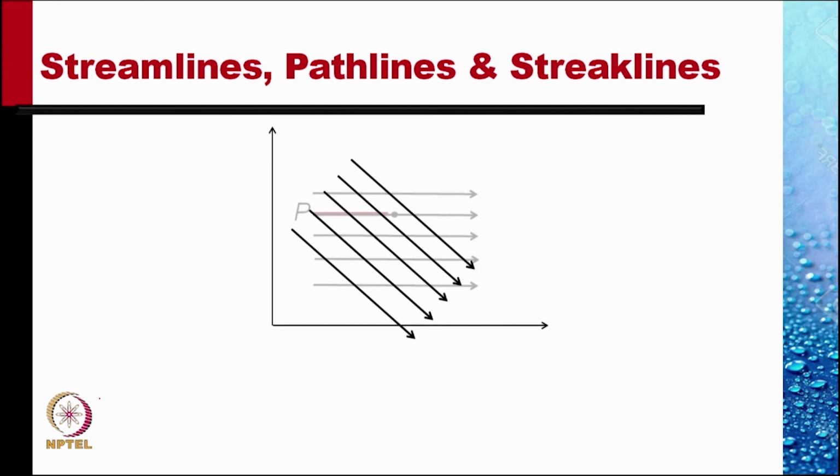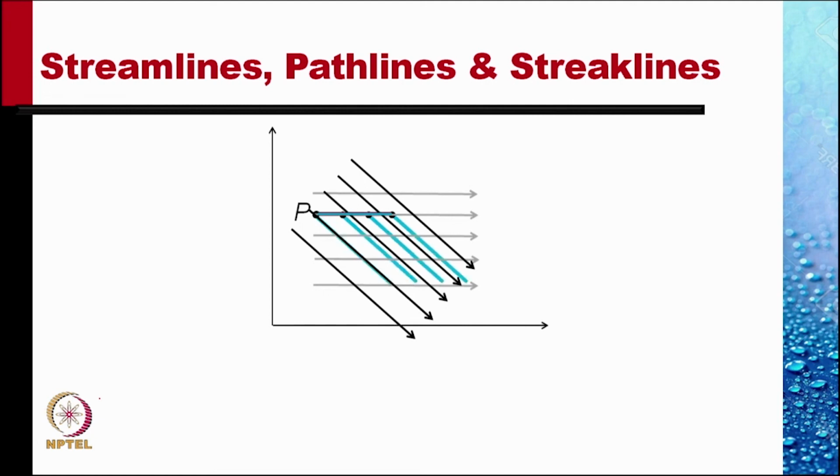If everywhere the flow direction is the same, then the current pattern of streamlines would be these dark black lines. But the particles which passed through the point P up till time t equal to t naught are still occupying this line. But now they start moving down in that direction.